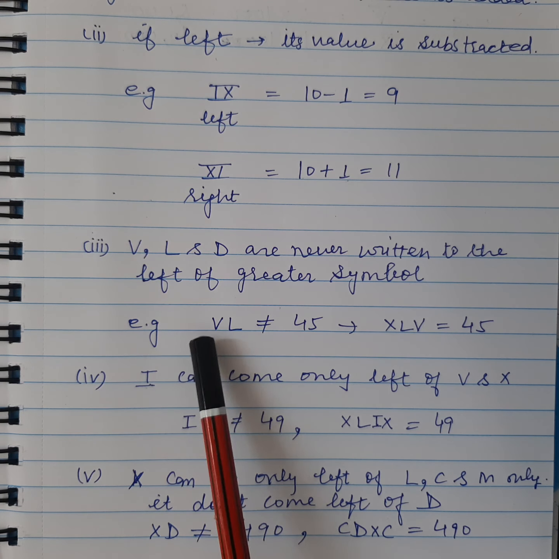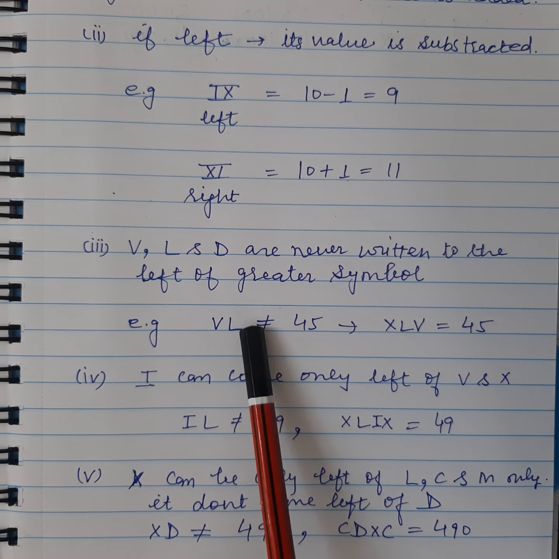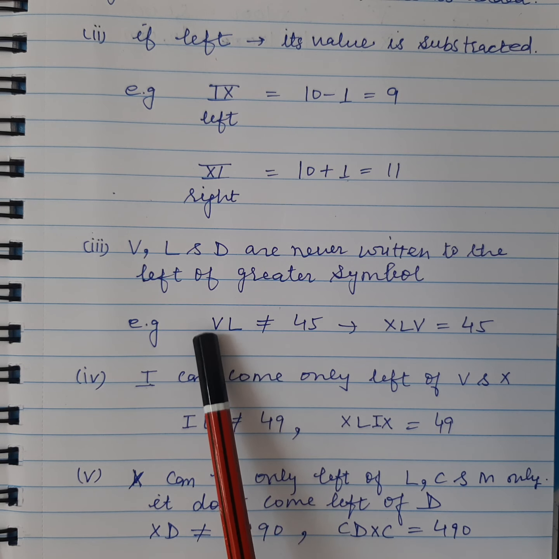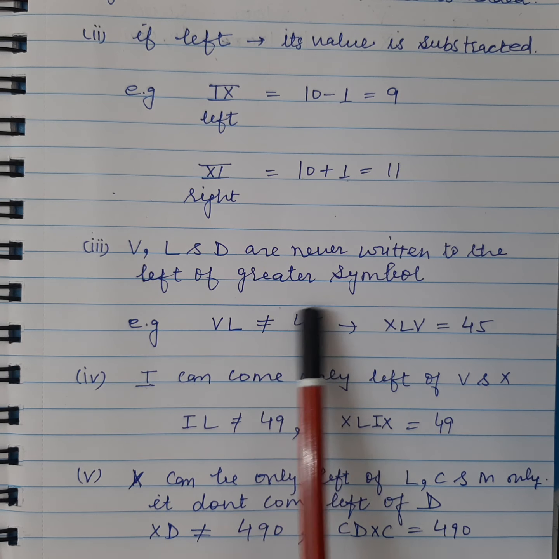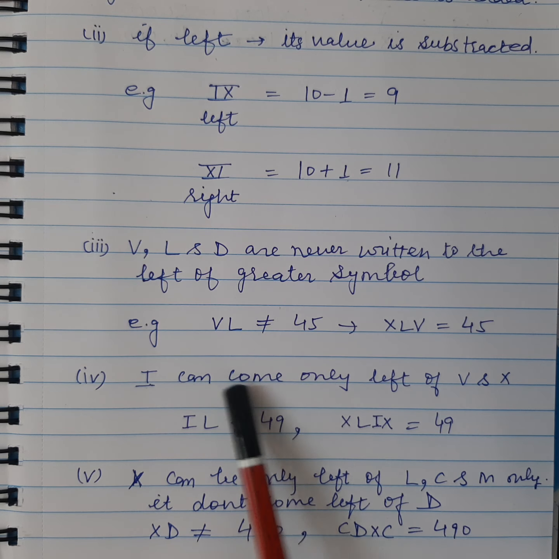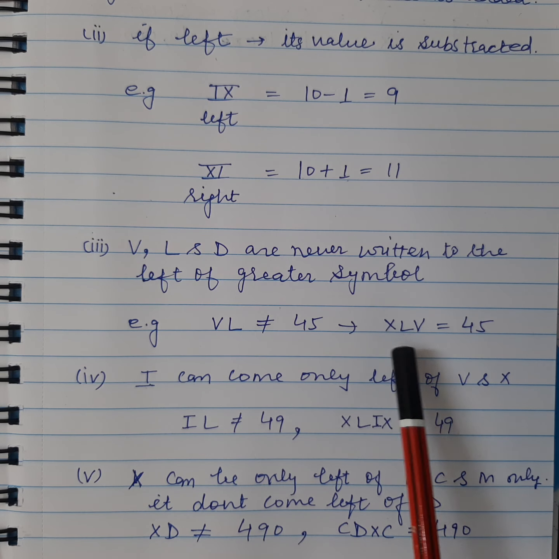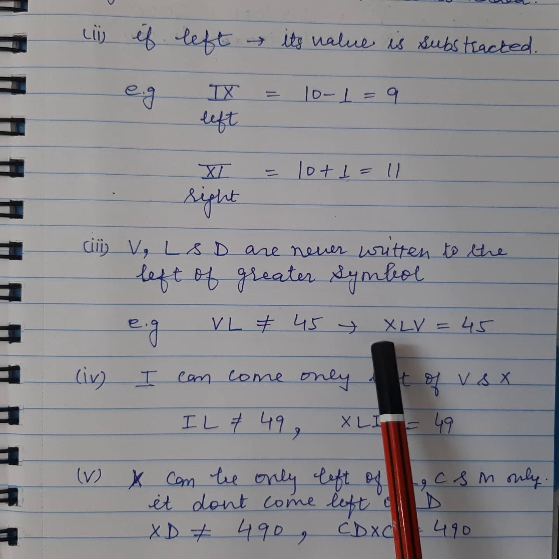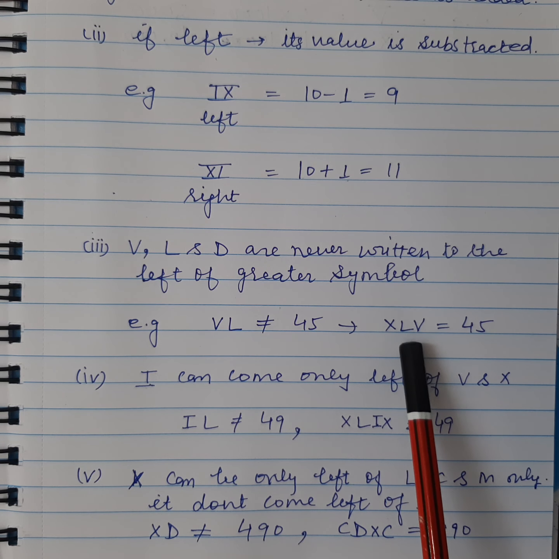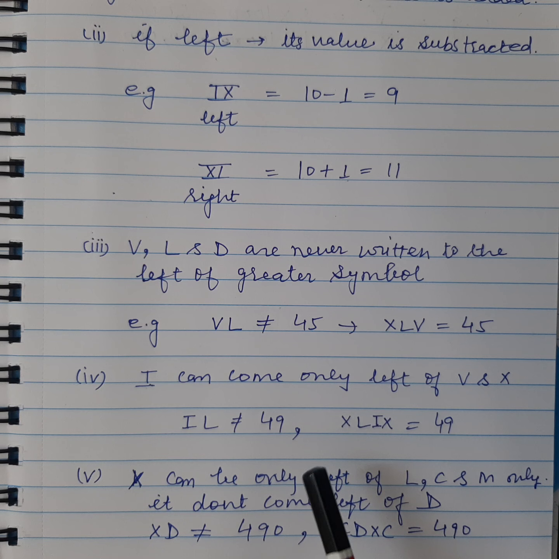So we cannot write VL, where L is 50 and V is 5, as it will not become 45. If we have to write 45, we write L, then we write X to the left of it. So 50 minus 10 will be 40, and then we write V to the right, 45.